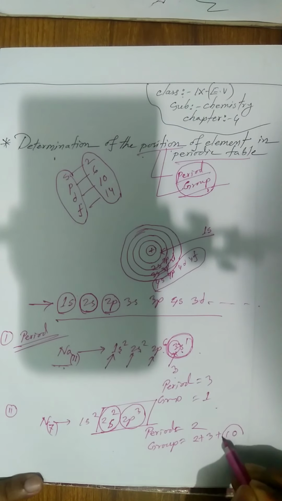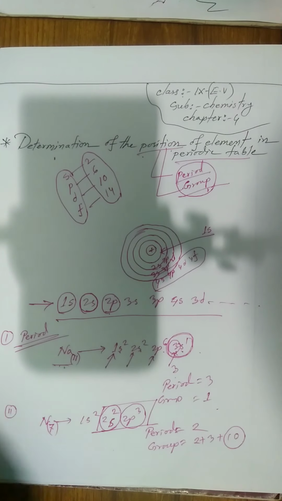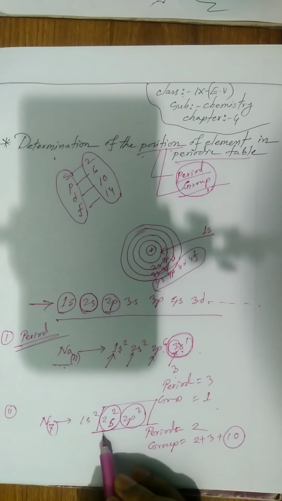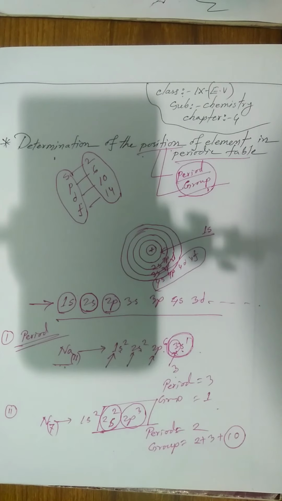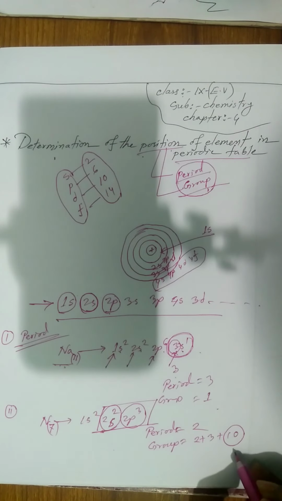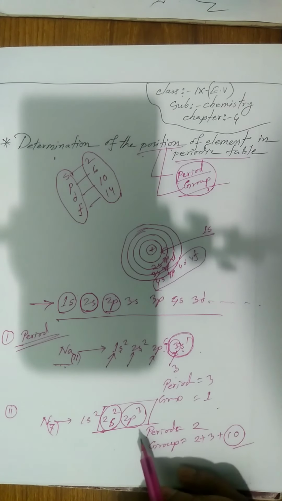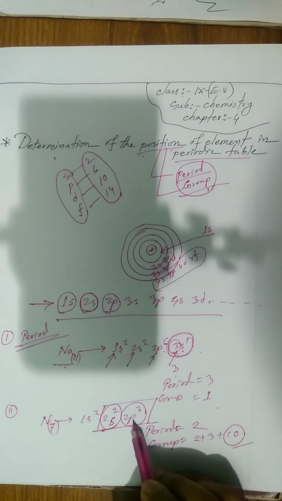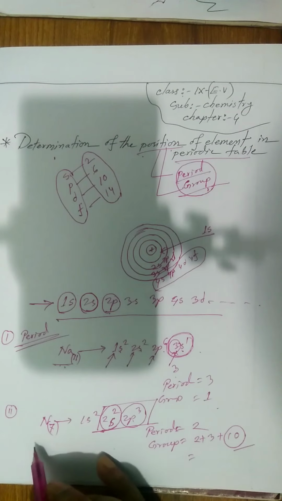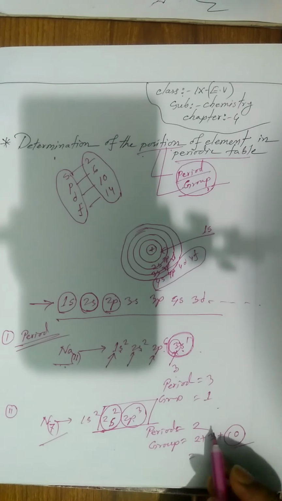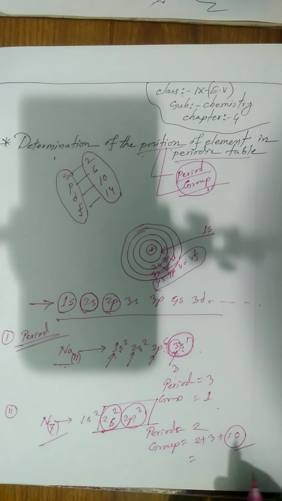Here an extra 10 is added to the summation of the electrons of these two orbitals, and we get the group number of this p block element.